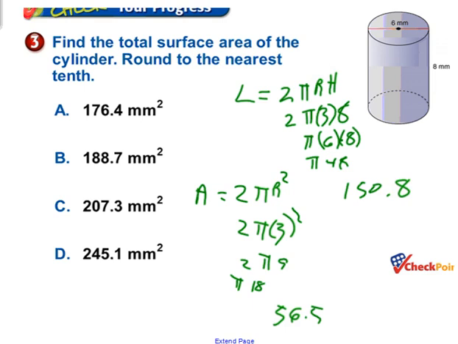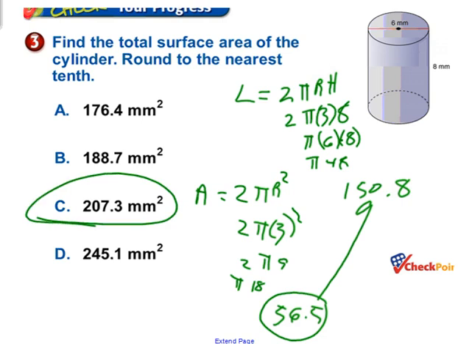So that's the area for the top of the can and the bottom of the can. I need to add those two together, and I get 207.3. 207.3 is the answer there.